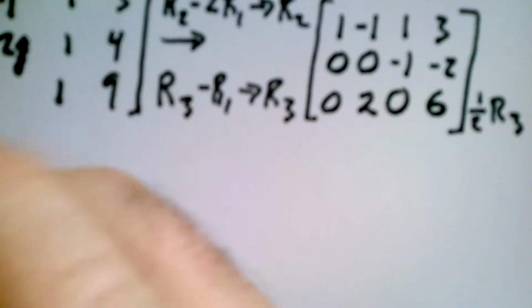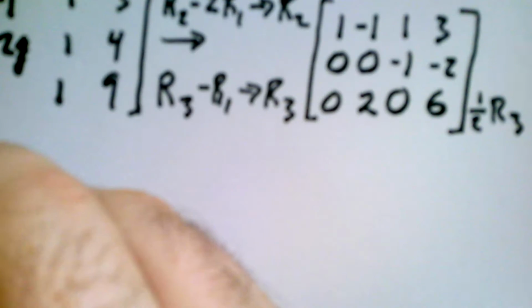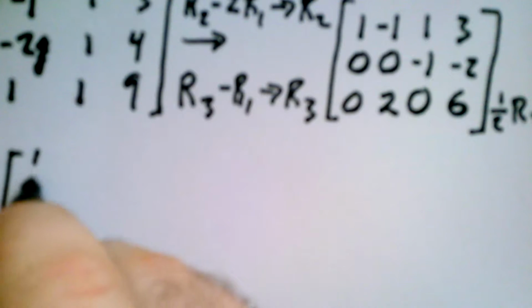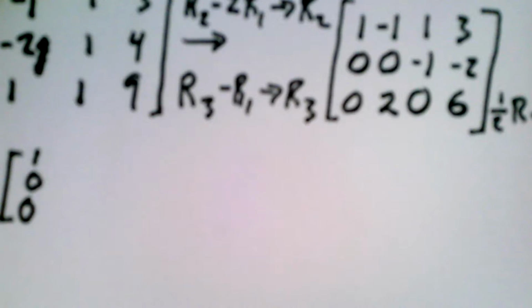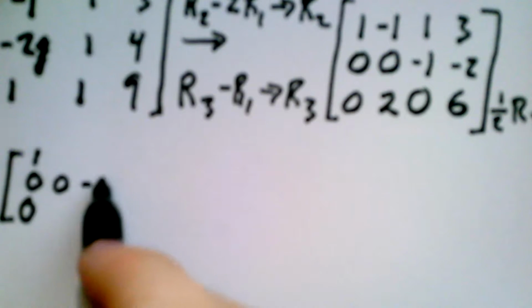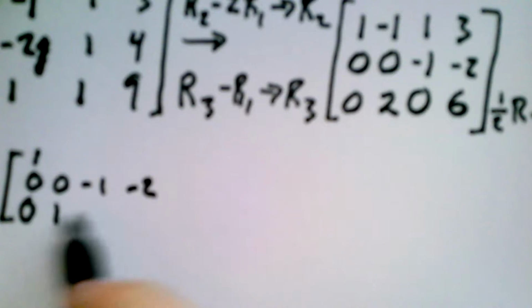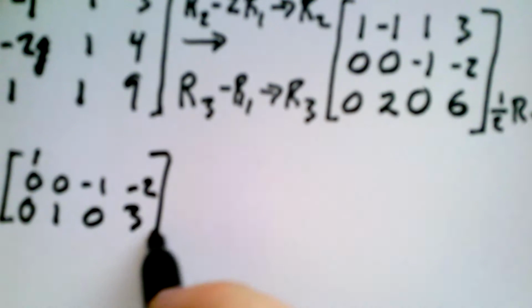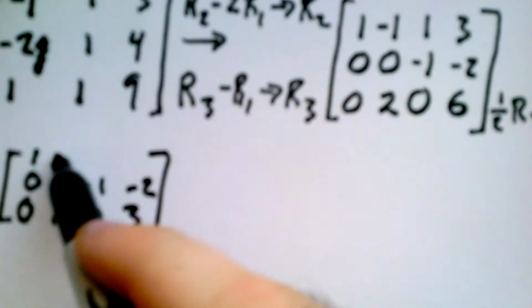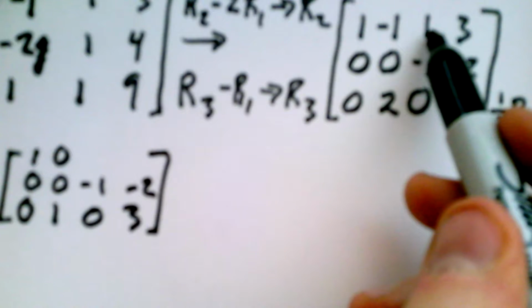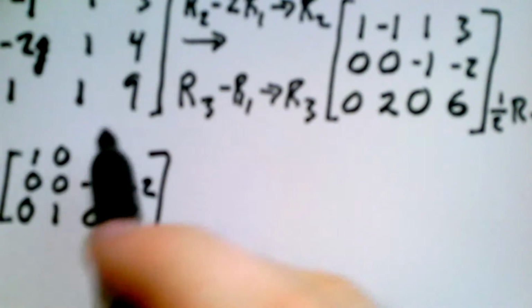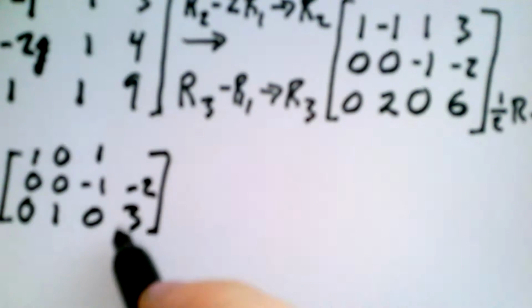So from here, I get my new matrix, which will go 1, 0, 0, 0, negative 1, negative 2, 1, 0, 3, and negative 1 plus 1 is 0. 1 plus 0 is 1. 3 plus 3 is 6.